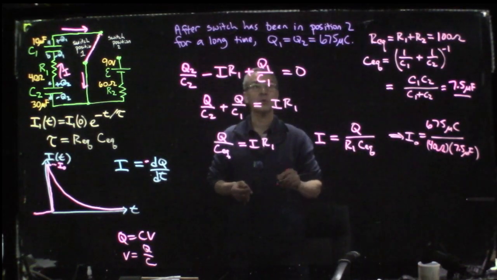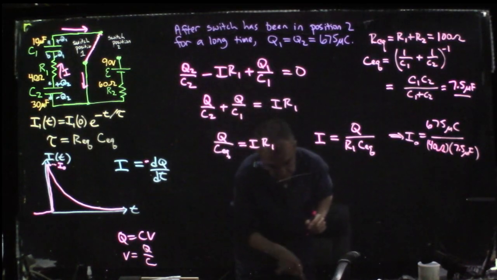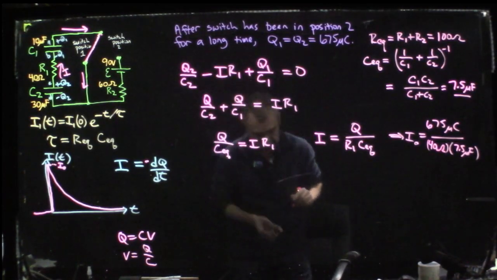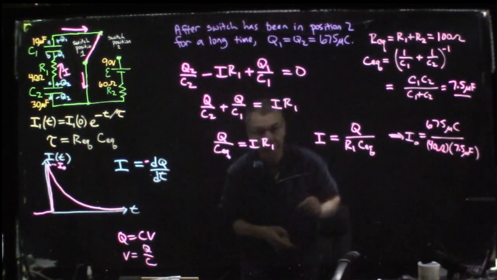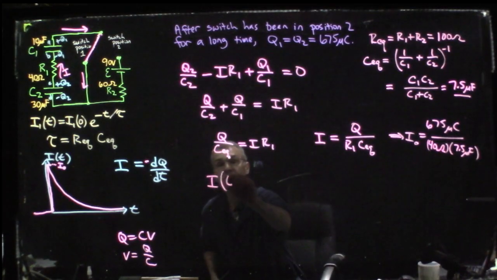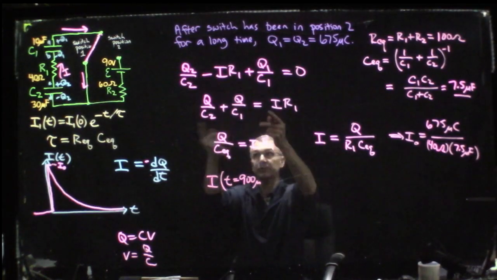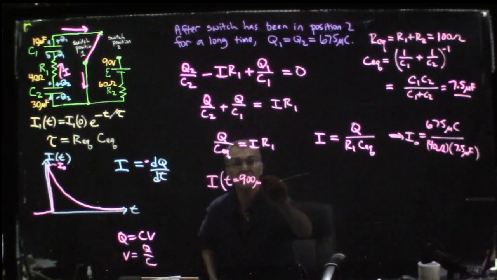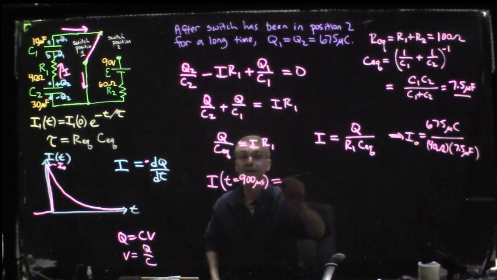And then we want to know what's happening 900 microseconds later. In particular, we want to know I at t equals 900 microseconds. We reset our watch when we flip the switch again. So we want to know what's that current through R1, and of course now it's flowing up instead of down.